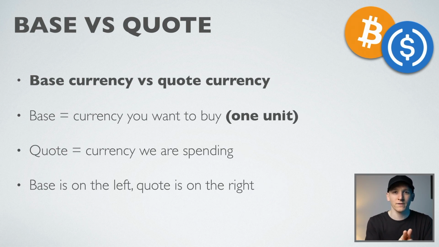Essentially, the base currency is the main currency, and that's one unit of that currency, right? On the left-hand side, and I'll show you this in a second, we have the base currency, 1 unit of that currency. On the right-hand side, you have the quote currency. And what that's telling you is how many of that currency on the right-hand side we need to buy or sell 1 unit of the base currency on the left-hand side.